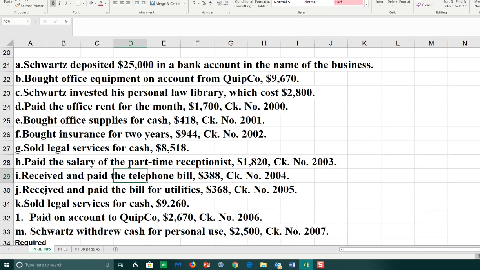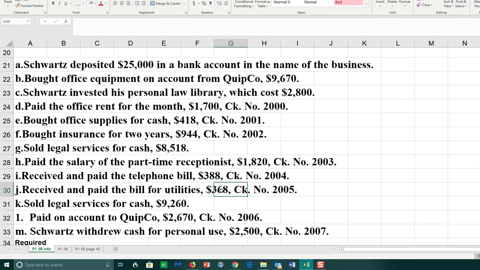We then have the receipt and payment of the bill for utilities, so another expense. This time it's for the utilities, and the amount paid was $388. By the way, note that if they did not pay the bill right away, but they received it because they did use the utilities, we would still record the expense, but we would not record a reduction in cash.